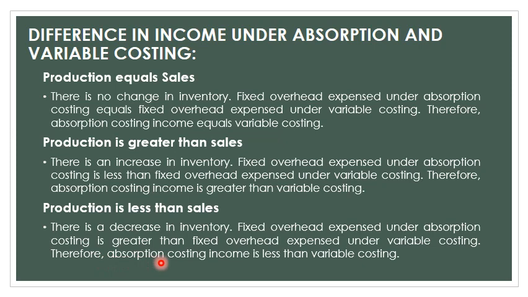So, therefore, absorption costing income is less than variable costing. So, mas mababa yung mako-compute nating net income or net profit using the absorption costing compared doon sa variable costing method. Okay? So, para mas maintindihan, i-apply natin siya sa problem.